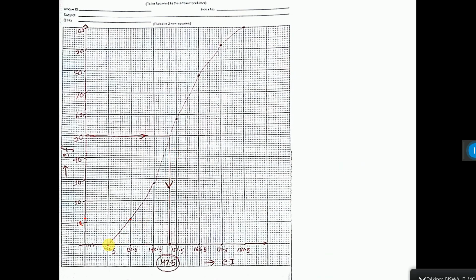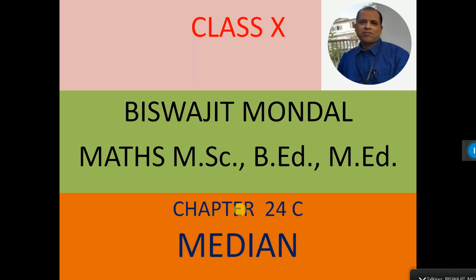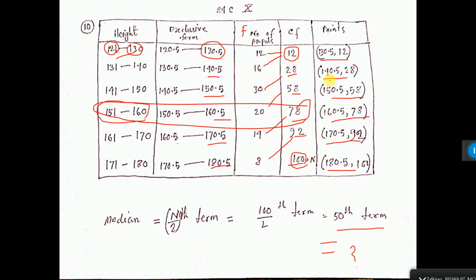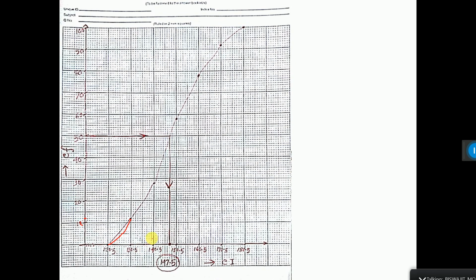So from 120.5 to this point, you do freehand joining. Next point is 140.5, 28. 140.5, then 28 is here. Next join these two. Like this you have to complete putting all the points.